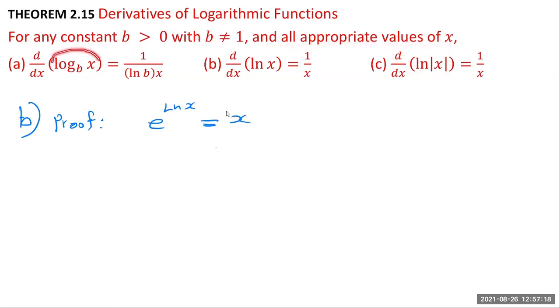The derivative of log base b of x is 1 over (ln b times x). The derivative of ln x is just 1 over x. And the derivative of ln of absolute value of x is again 1 over x. Notice that these derivatives are both the same. The derivative of ln of x and the derivative of ln of absolute value of x are the same.